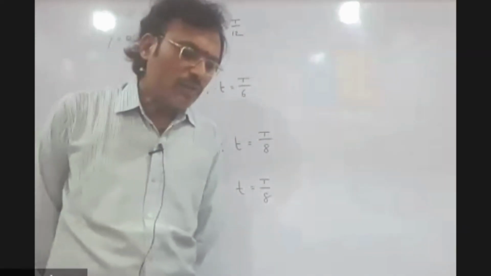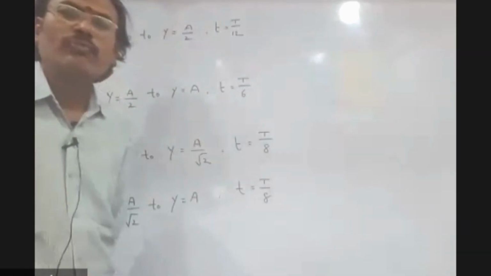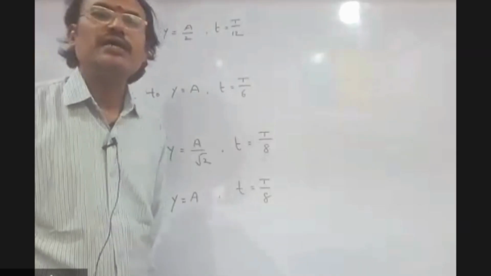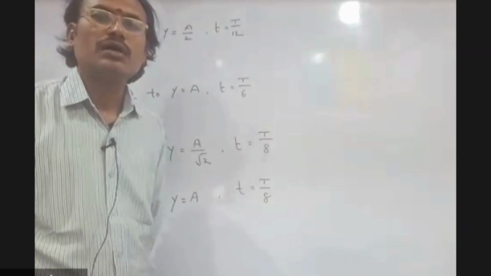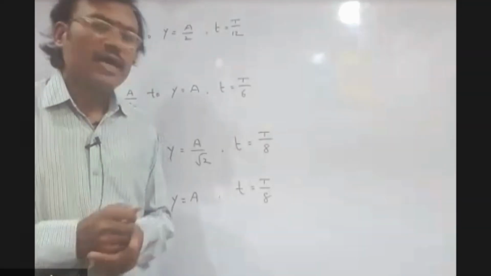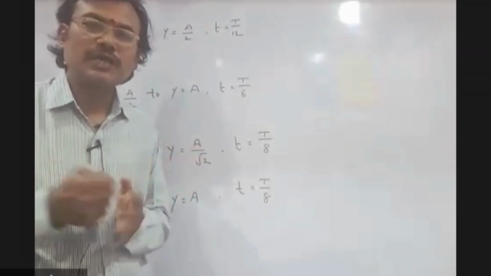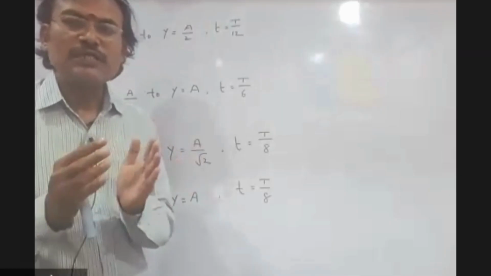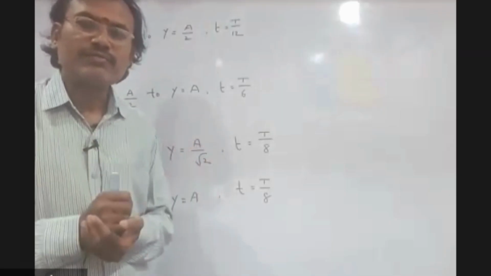So the conditions of simple harmonic motion, which are satisfied by a particle in simple harmonic motion, as you know well, are that acceleration is directly proportional to displacement, and acceleration and displacement are in opposite directions.